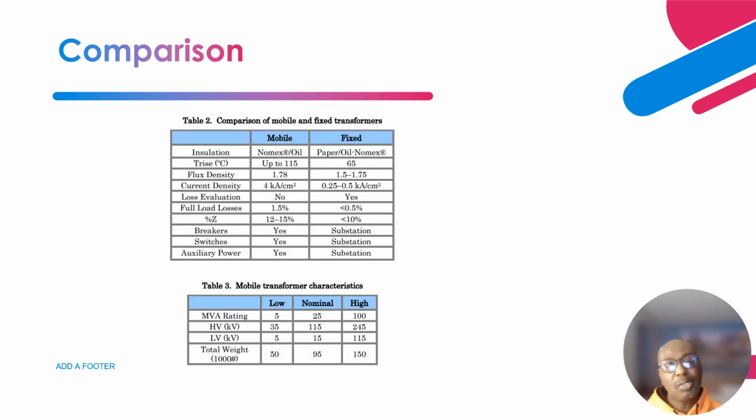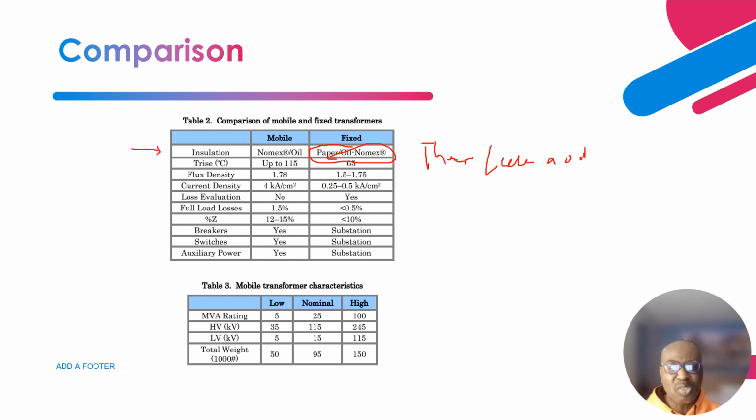Okay, so now let's do some comparison between the mobile substation and the fixed, traditional transformers that are mounted in the substation. Let's take a look at the first parameter, which is insulation. For a fixed transformer located at the substation, it utilizes thermally upgraded paper, cellulosic insulation material, and oil.